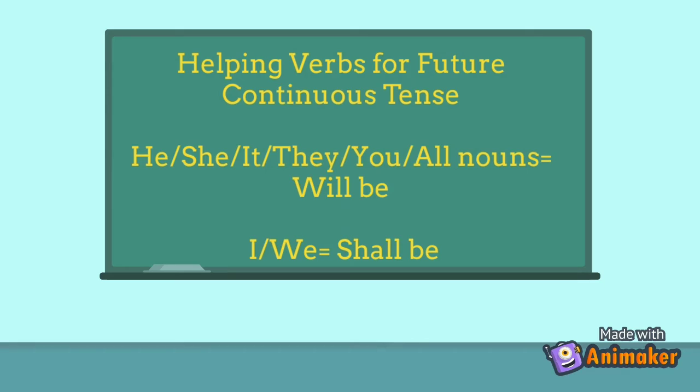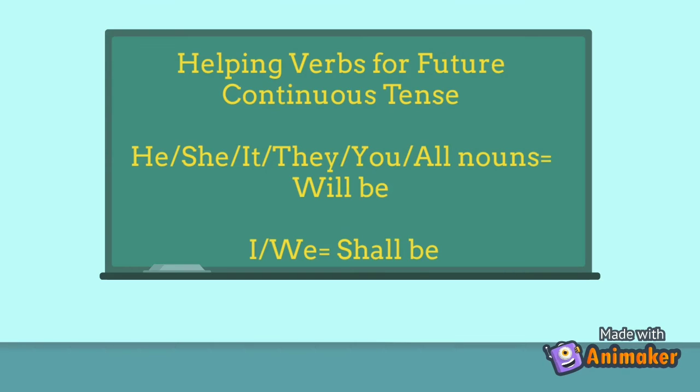Now we have helping verbs for the future continuous tense. The helping verbs used in future continuous tense are will be and shall be. These are the two helping verbs. But here the case is different. We don't use will or shall according to the singular or plural nouns.